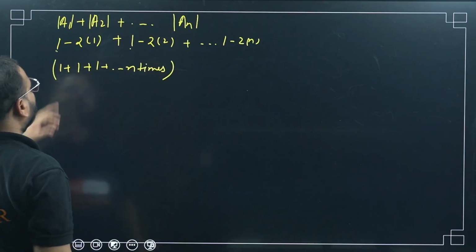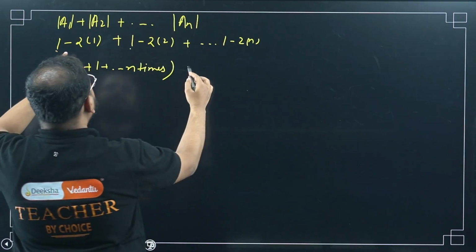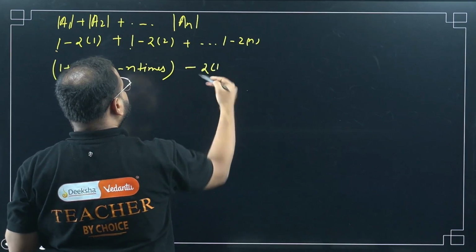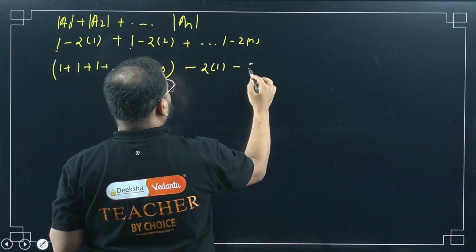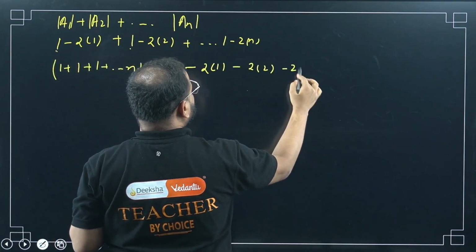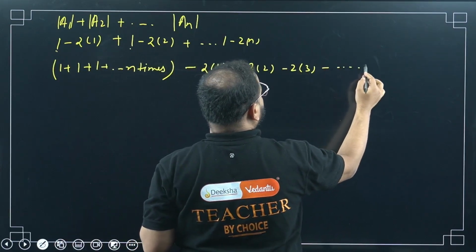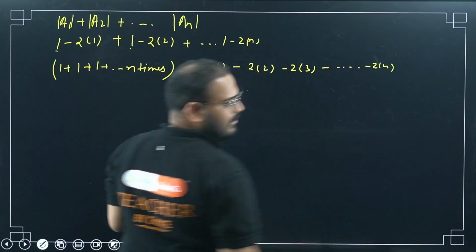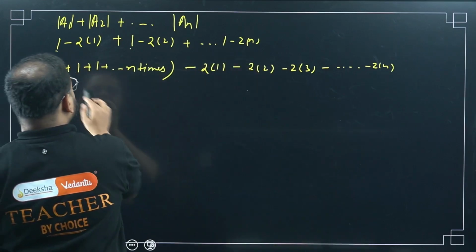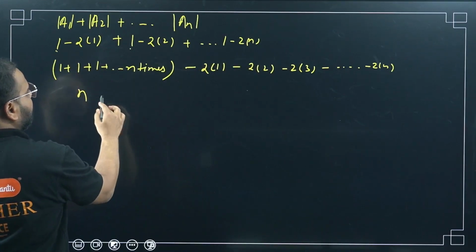First thing is done. Now, the minus sign is there. I'll take the minus sign common. So, minus 2 times 1, minus 2 times 2, minus 2 times 3, and so on, minus 2 times n. What is this? This is simply n, right? Minus, take 2 common.